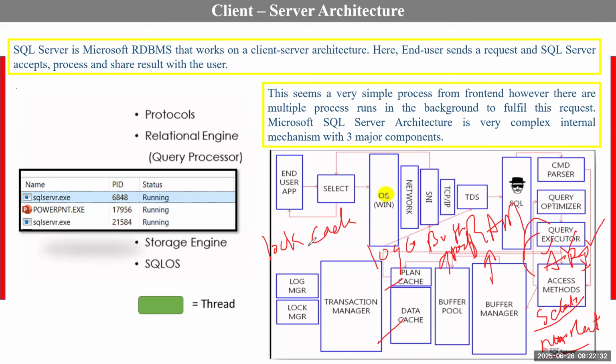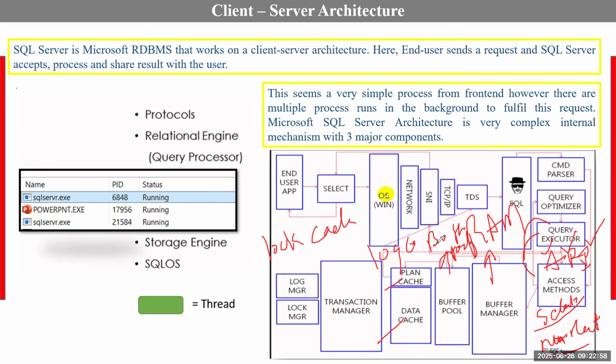After ending the shift, they take the amount and keep it back in the main locker, right? Yes or no? Take the best example, banking. Everyone understood? So the main locker is your RAM. In the RAM, you have caches like the data cache, plan cache, log cache. There are multiple caches.